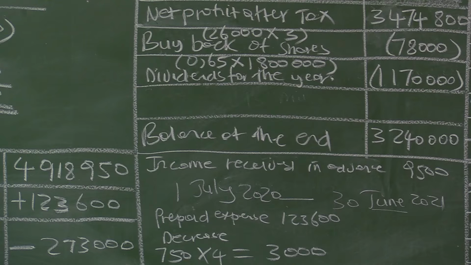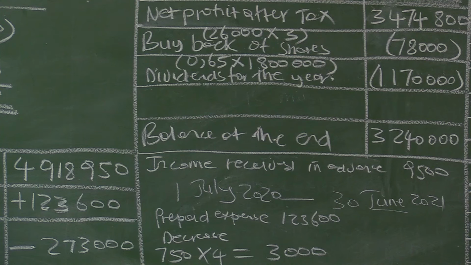Let me just double check now. Yeah, that's 65 cents multiplied by 1,800,000. That will give you 1,170,000. So that is all.